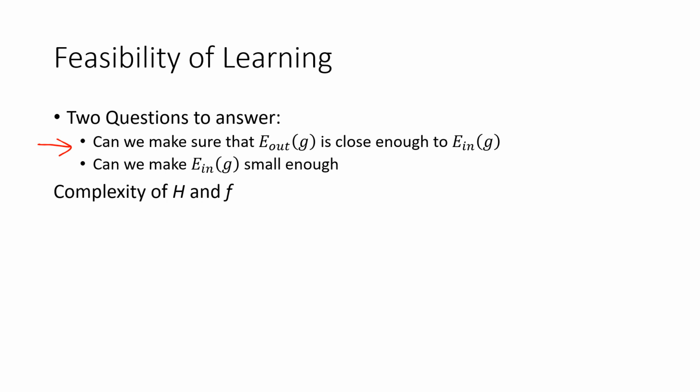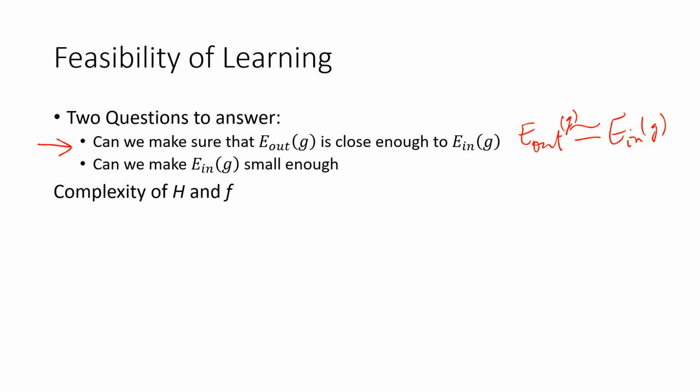So feasibility of learning can be split into two questions. The first one is, can we make sure that E out comes close enough to E in of g? And the second question, equally important, is can we make sure that this in sample error is small enough?